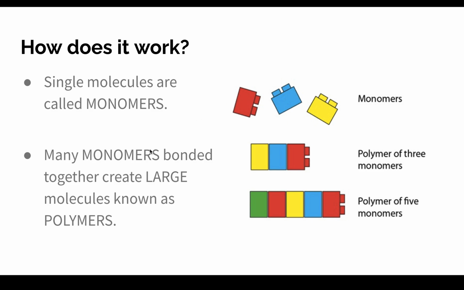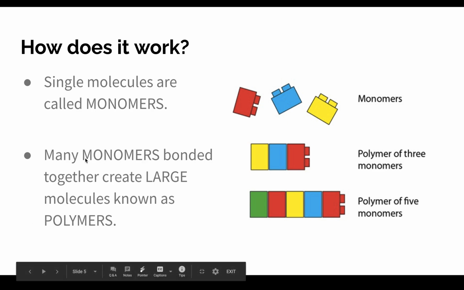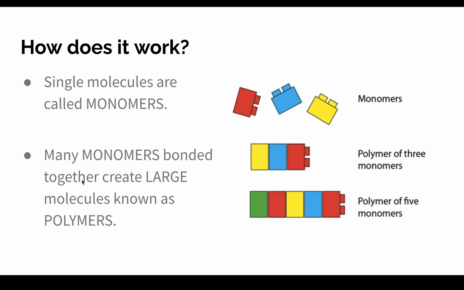Polymers are many monomers bonded together to create a large molecule. Okay, so if these are each monomers, when you put them together, that makes a polymer. And when we talk about these macromolecules, we're going to be using the terms monomers and polymers because there are things that make up each type of macromolecule. Hopefully you'll see that a little more clearly in just a second.